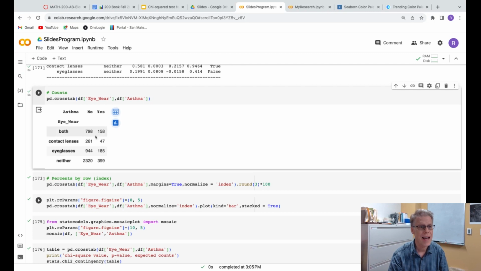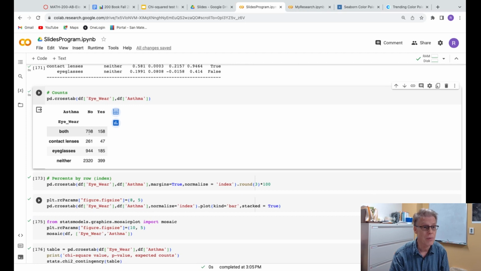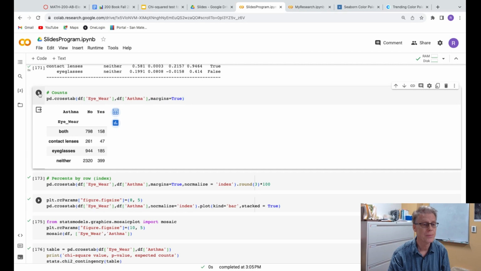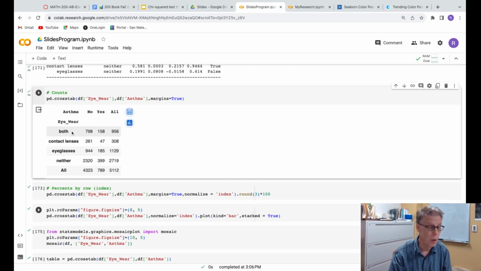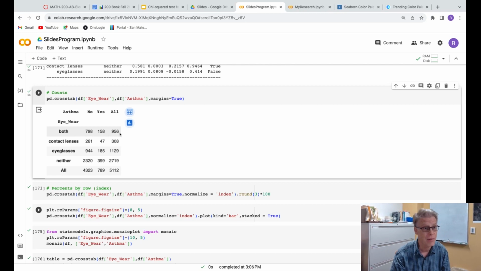So these are just the counts in each category when the person has both going on at the same time. If I'm able to see the margins, then these will be totaled up. And that helps us see that it's 798 out of 956 who don't have asthma amongst these folks who wear both contacts and eyeglasses, and only 158 out of this 956 who do have asthma.